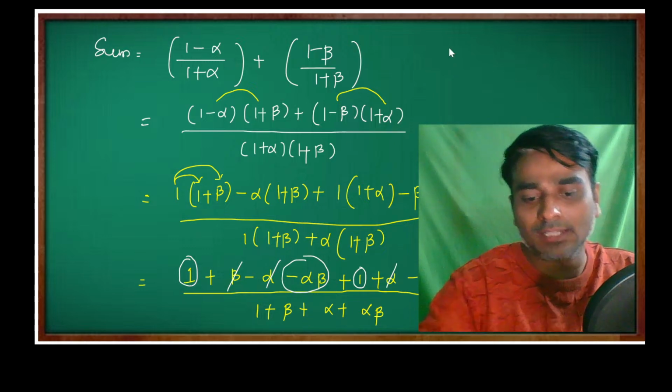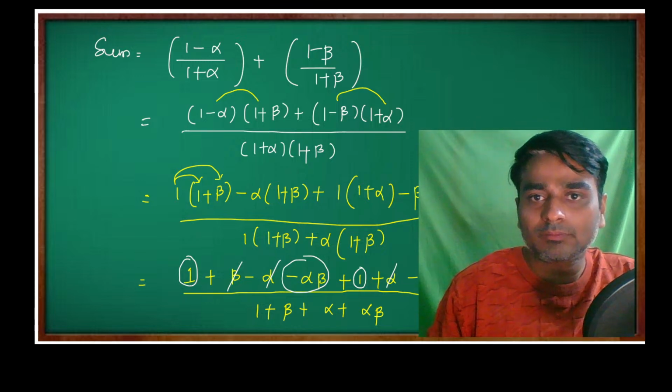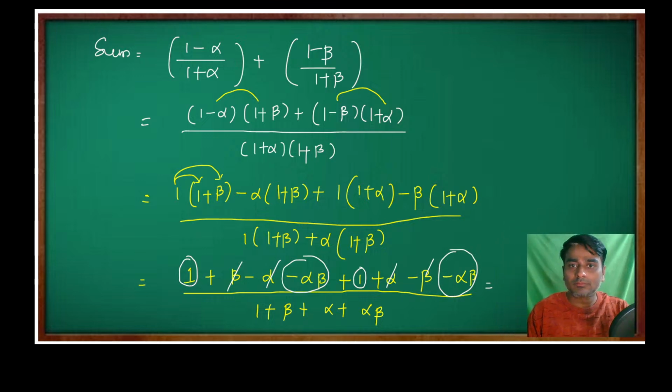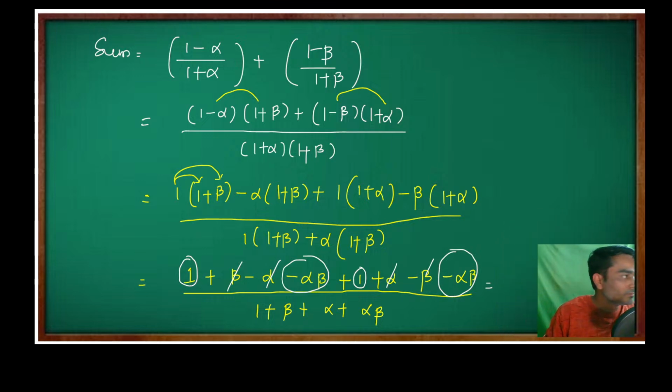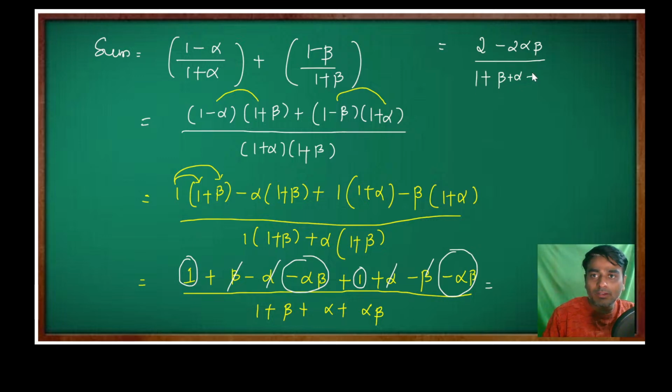I will resize one second. Okay, so what I am remaining with: 1 plus 1 is 2, then minus 2 alpha beta, divided by 1 plus beta plus alpha beta.